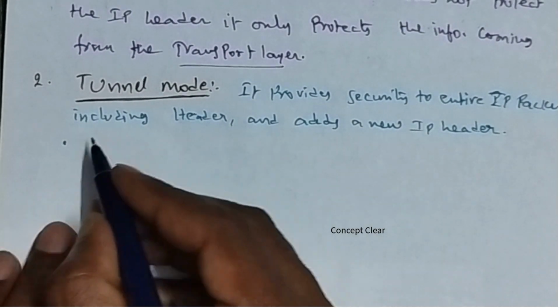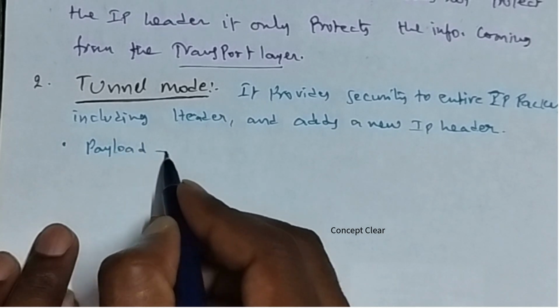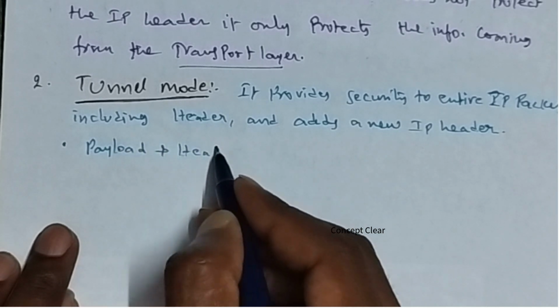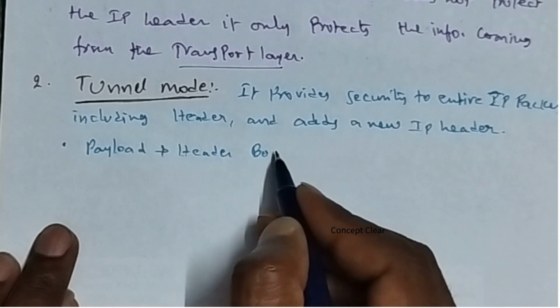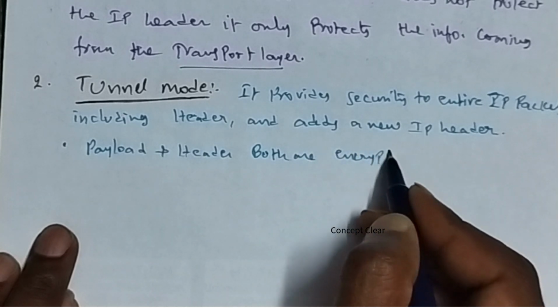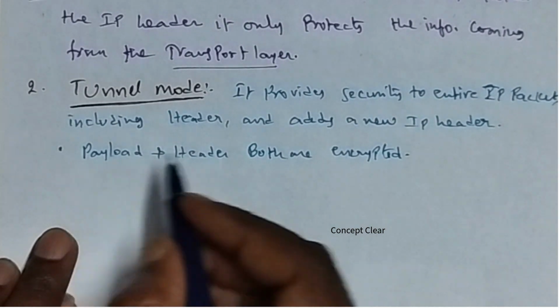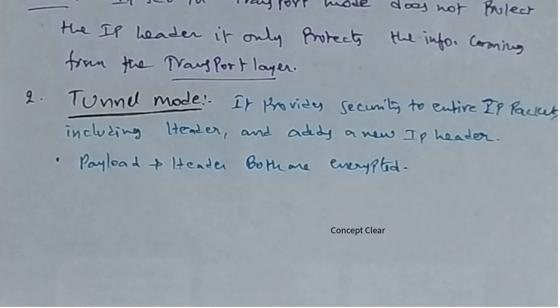Okay, here payload and header both are encrypted. Both are encrypted. Okay, so that means what? That means the entire packet is encrypted.